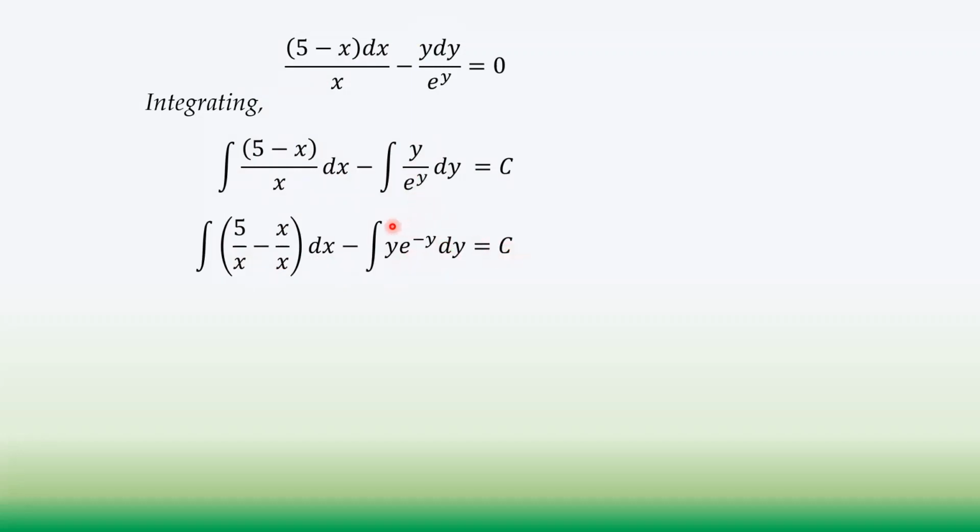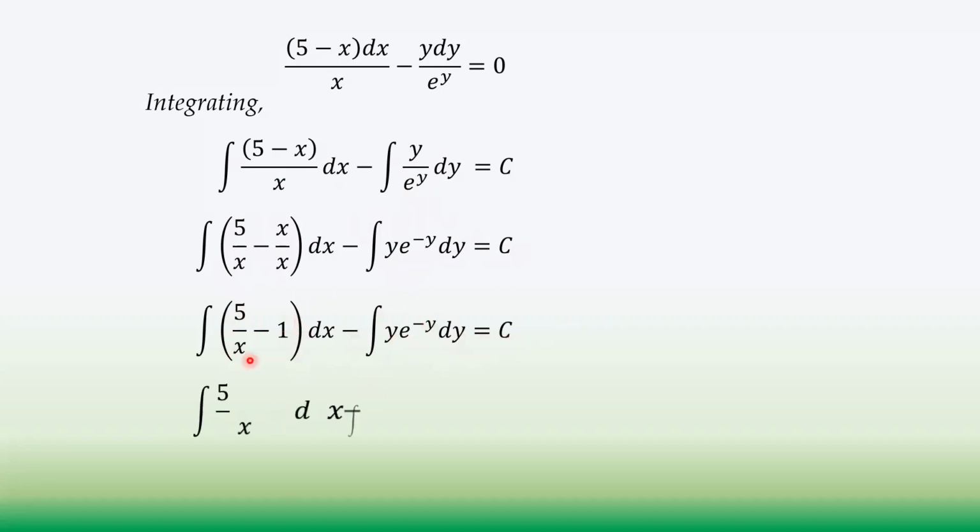Para siya ma-integrate, simplify natin ito. Meron kang 5 over x, and x over x is 1, kaya minus 1 dx, minus integral of y e raised to negative y dy equals c.